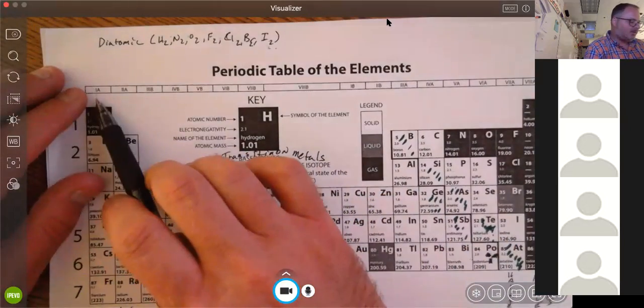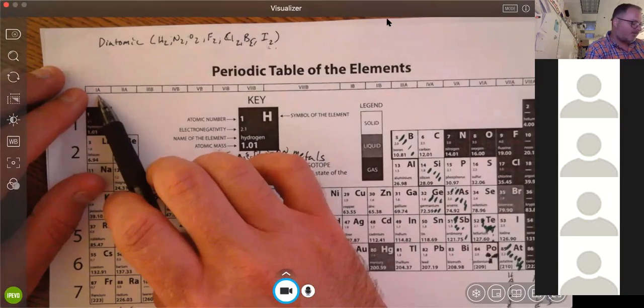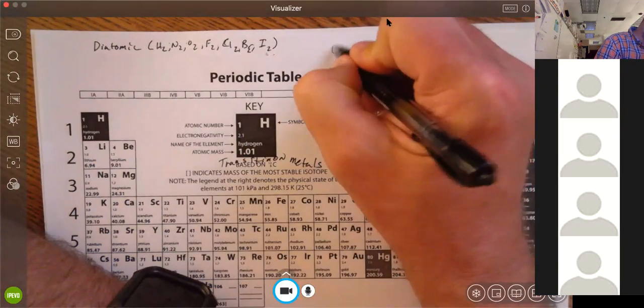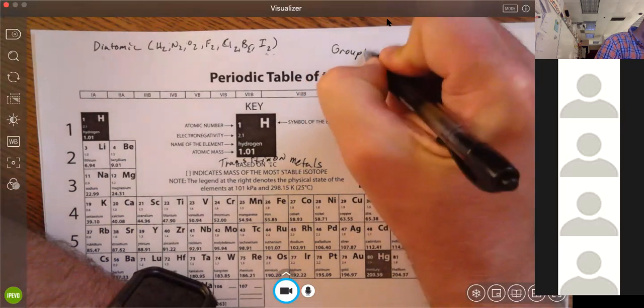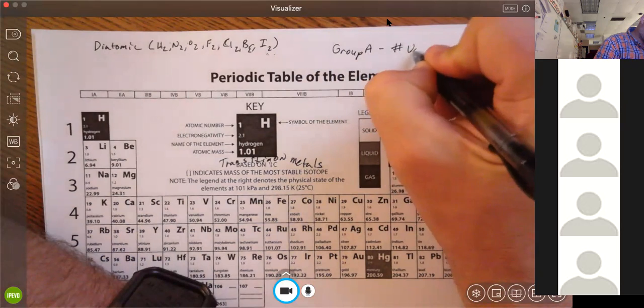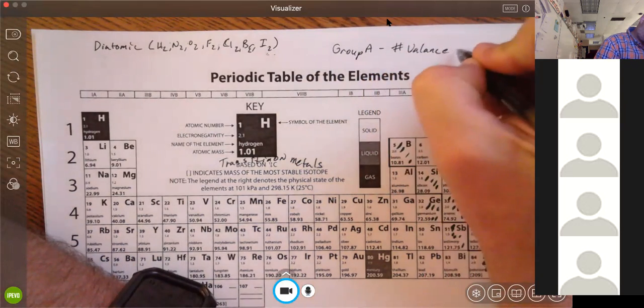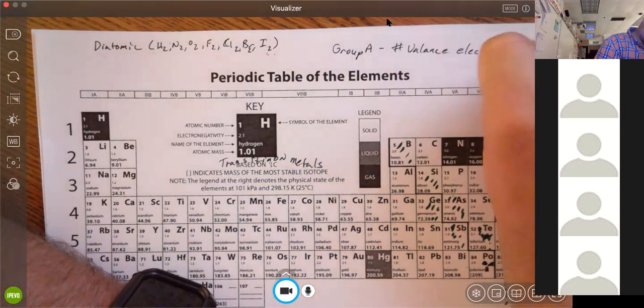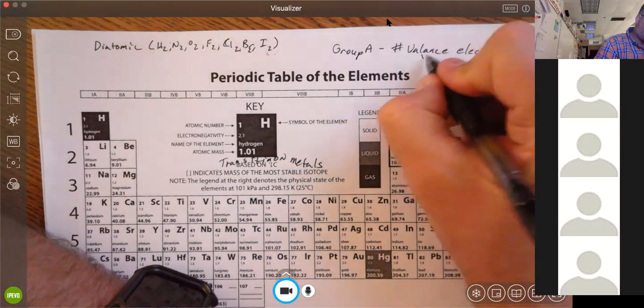Now, as we said, group 1A is here. That group A number tells us the number of valence electrons, or the outer energy level electrons.